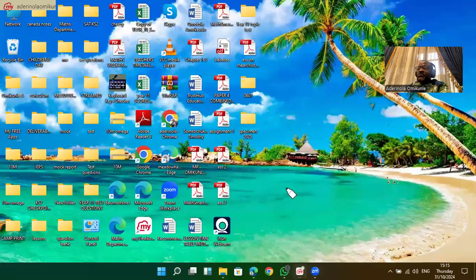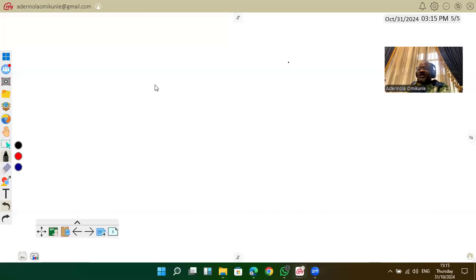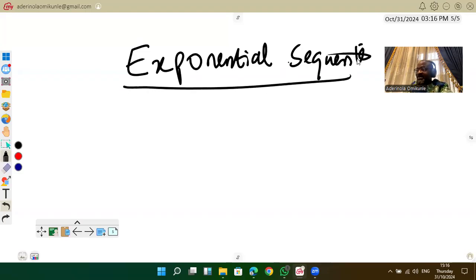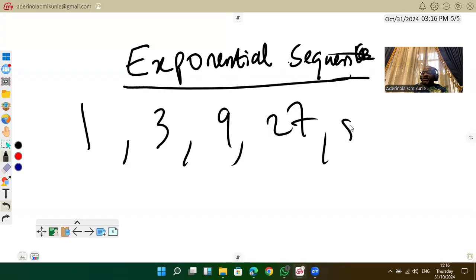Okay, so first, what is an exponential sequence? How do you identify an exponential sequence? Every sequence has a unique way in which you identify it. For an exponential sequence, you'll notice that it is being multiplied by the same number. Take, for instance, 1, 3, 9, 27, 81, 243, and so on.